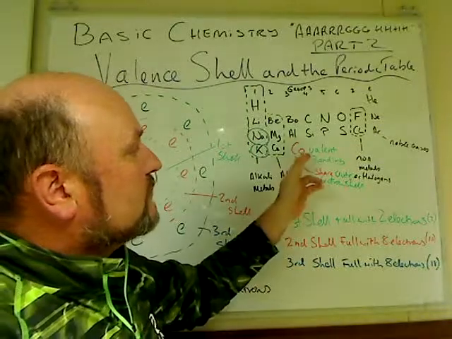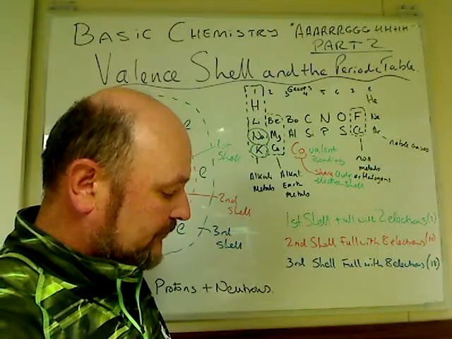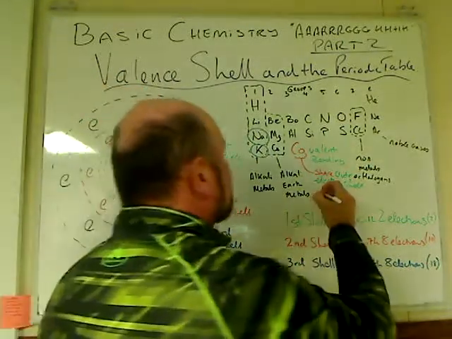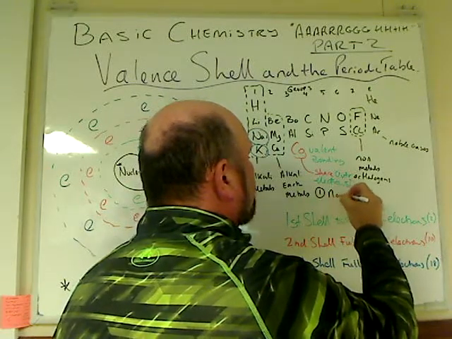So there are 2 types of covalent, or sharing of these outer electrons. The first type is non-polar.